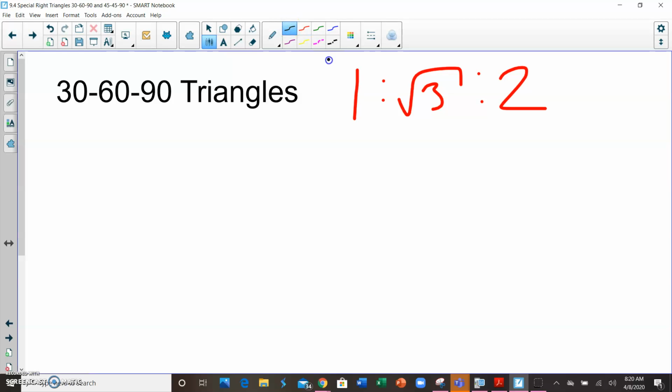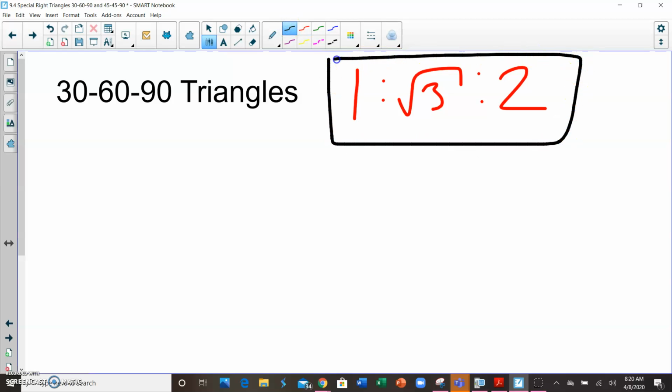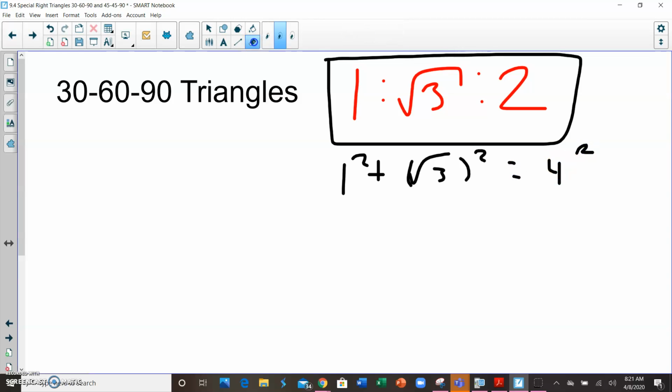It is a right triangle, so it does need to follow a squared plus b squared equals c squared, which it does. 1 squared plus the square root of 3 squared is equal to 4, is equal to 2 squared.